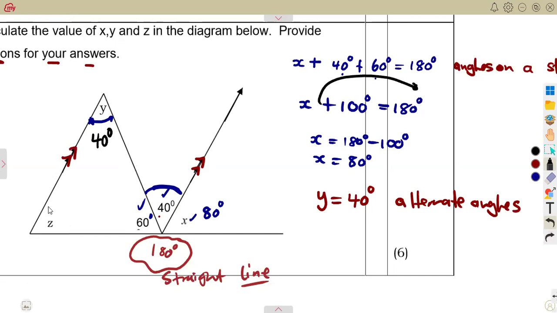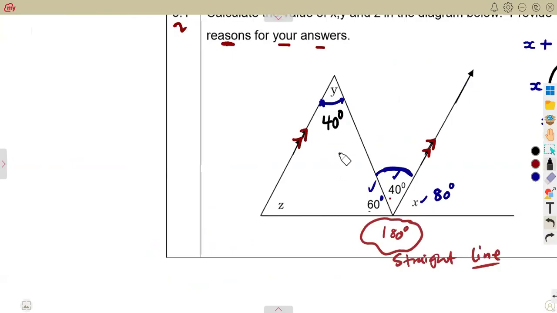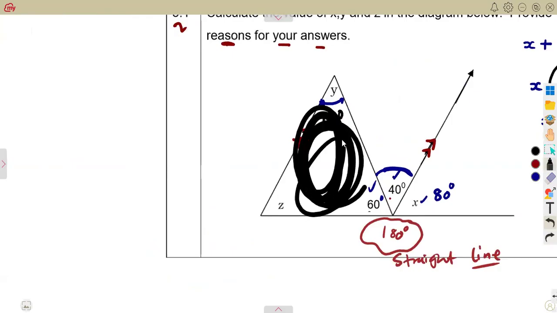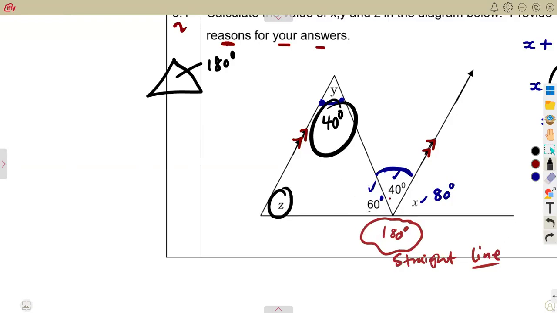All right. So we need to calculate angle Z. There are two ways that we can use. One, we can consider the angles inside a triangle from the properties of the triangle. Angles inside a triangle add up to 180 degrees. So if we add the Z, the 40 and the 60, everything that you are given is supposed to give us 180 degrees.